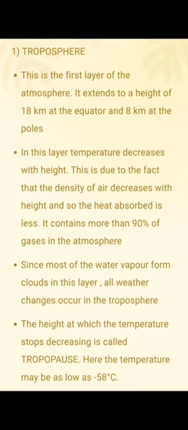This is due to the fact that the density of air decreases with height, and so the heat absorbed is less. It contains more than 90% of gases in the atmosphere. Since most of the water vapor forms clouds in this layer, all weather changes occur in the troposphere.